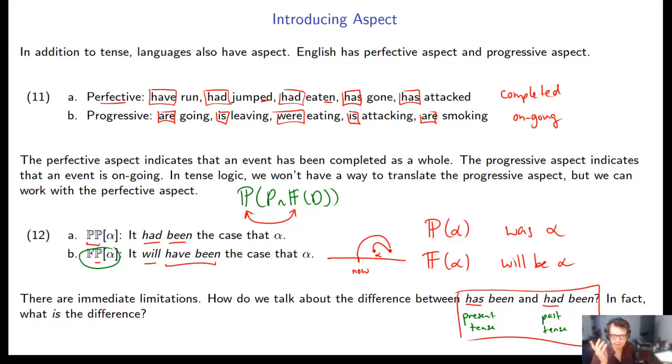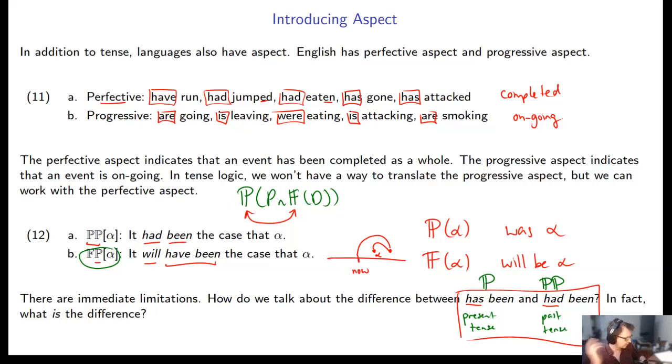Because the present tense shouldn't have an operator with it, while the past tense should have an operator in it. Let me spell out why this is important. If we think about had been as being the past tense and past aspect, then has been, present tense, is just losing one of those pasts.